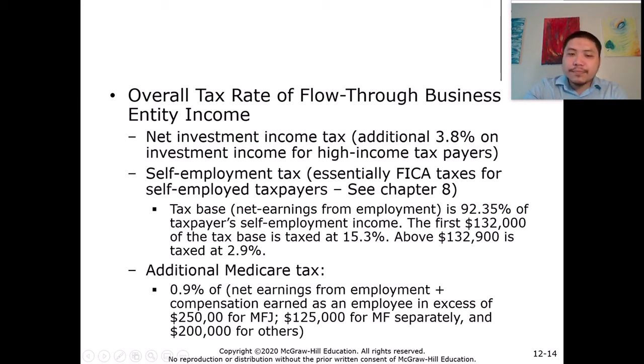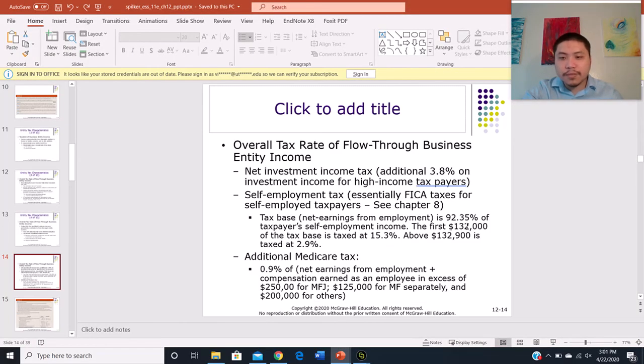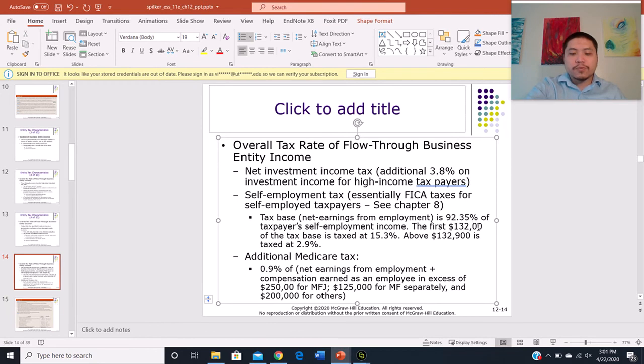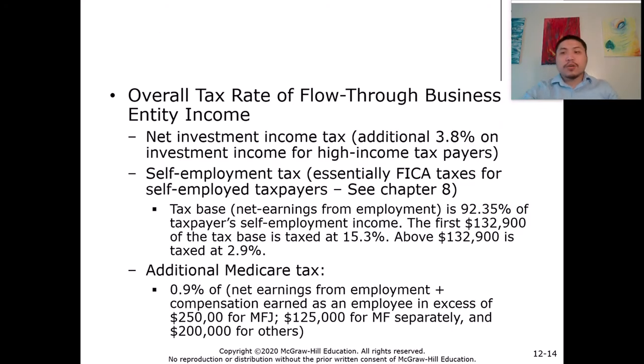And it should be 132,900. If you remember, for Social Security tax, there's a cap on the tax base. So if the tax base exceeds 132,900, then the taxpayer doesn't have to pay Social Security tax anymore.